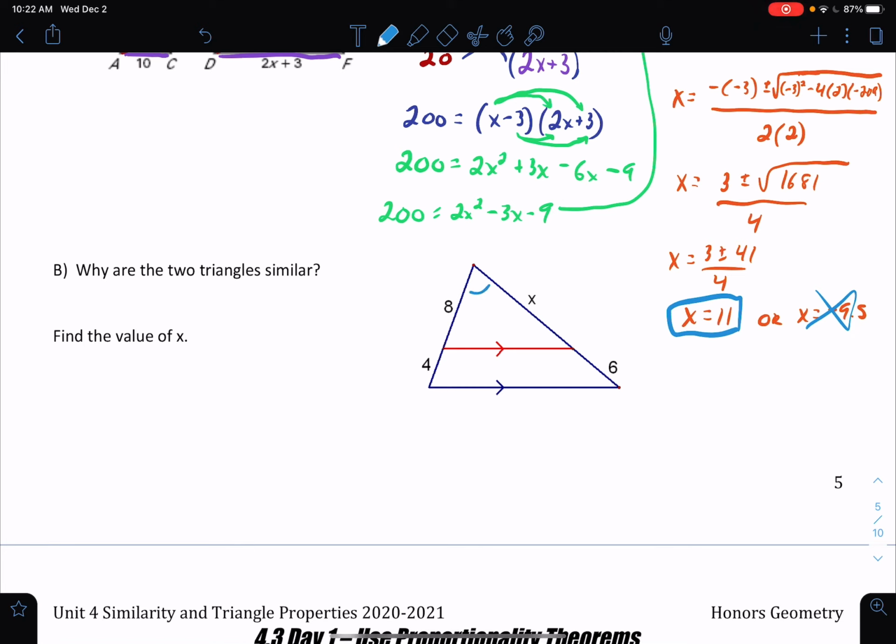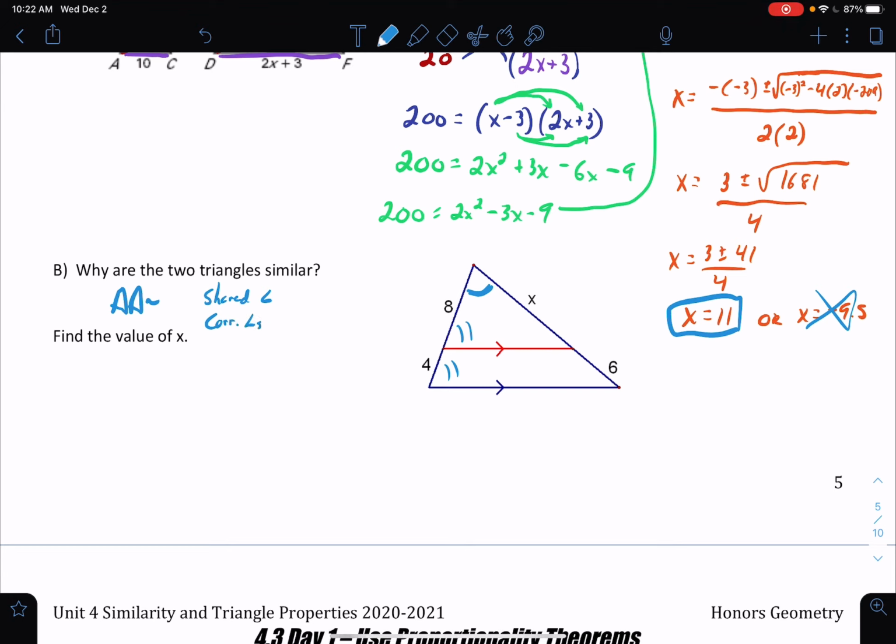All right, and then last problem, why are the two triangles similar? Well, they share an angle up top. And because I have two parallel lines here being cut by this transversal, I've got these congruent angles here because of corresponding angles. All right, so I've got angle-angle similarity because of a shared angle and because of corresponding angles.